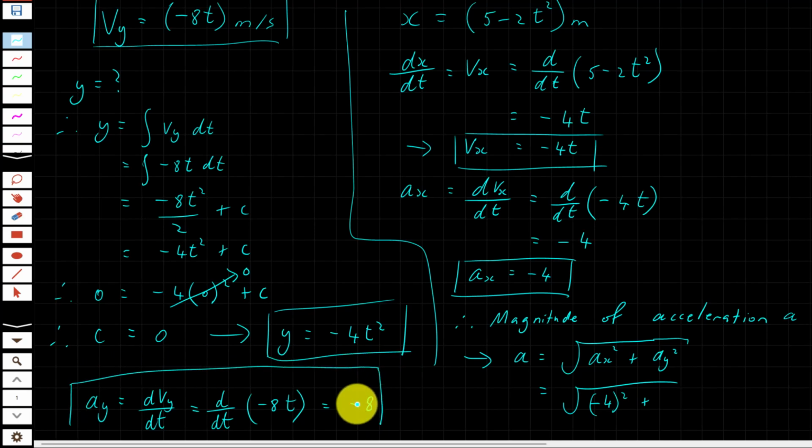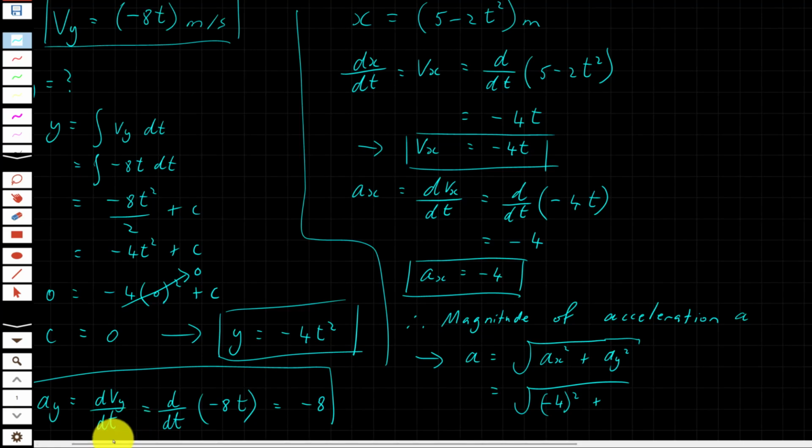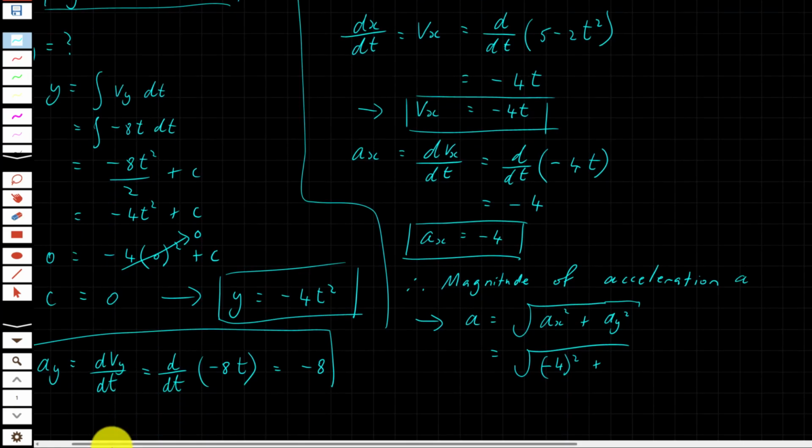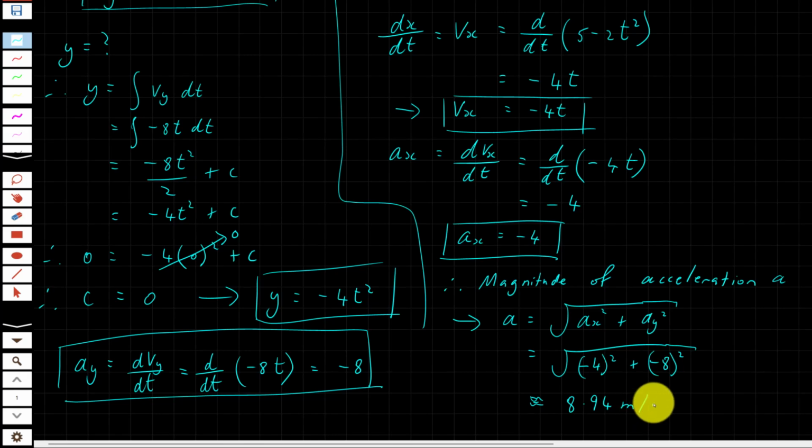Once again, constant acceleration in the y direction. So the magnitude of the acceleration is the square root of -4 squared plus -8 squared, which is equal to 8.94 meters per second squared approximately.